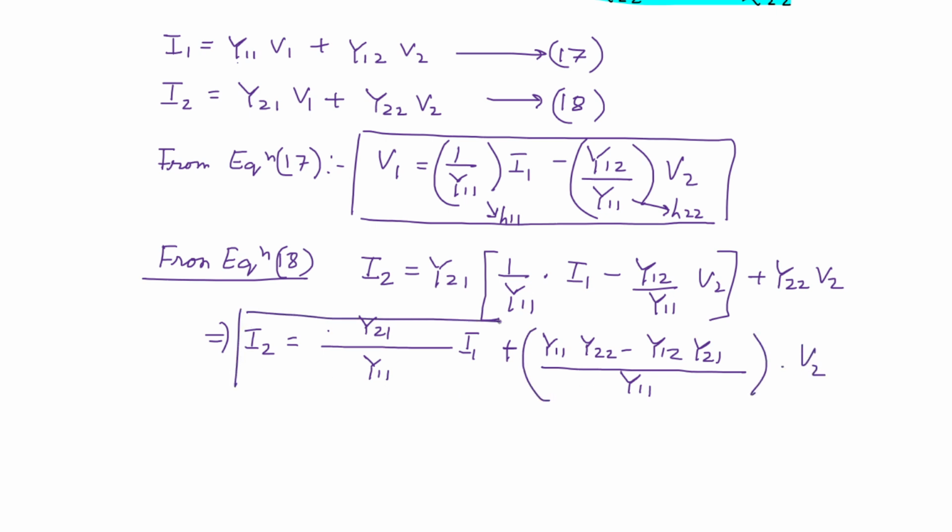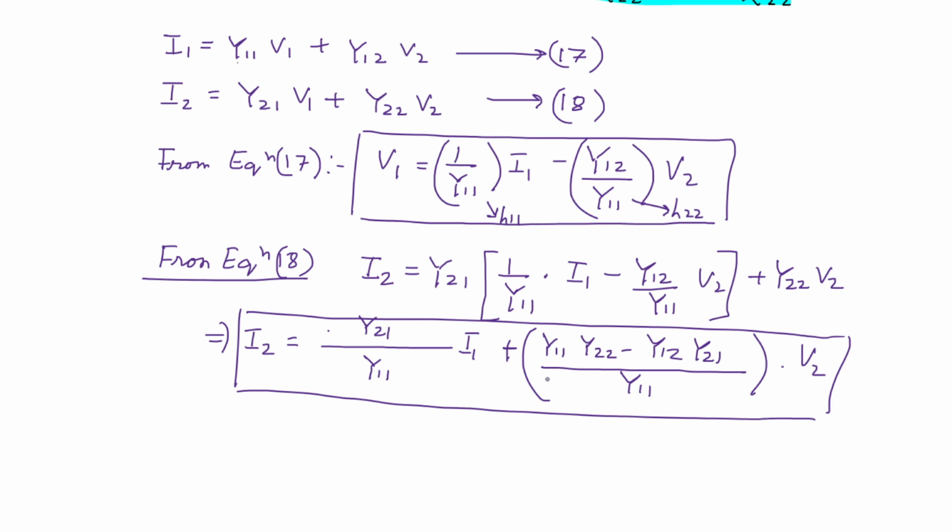So if you compare, I2 is equal to H21 I1, so that means it must be H21 and this should be H22.